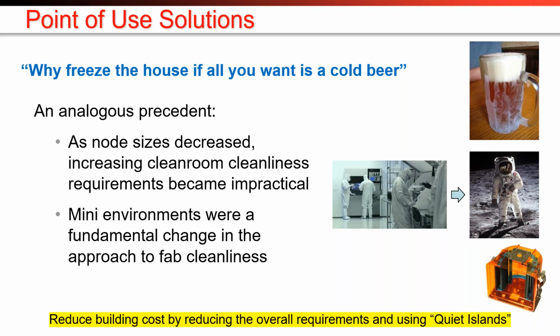Mini environments that are roughly a 1 foot cube where an extremely high level of cleanliness could be maintained because they were so small. So the wafer stacks were placed in these FOUPs and moved around with robots in the fabs, and the wafers were not exposed to the air of the fab. They were only exposed to the air inside this little mini controlled environment. So rather than trying to make the clean room cleaner and cleaner, they focused on these little mini environments being extremely clean.